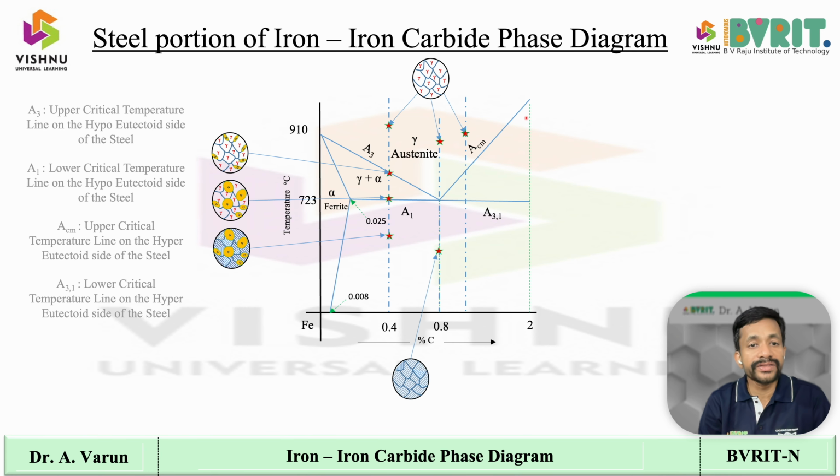What happens here is this line indicates a saturation limit, like how we have a certain amount of salt dissolved in water, and beyond a particular limit of dissolving the salt, if you want to have further more, you can heat it and then make it supersaturated and then dissolve it.